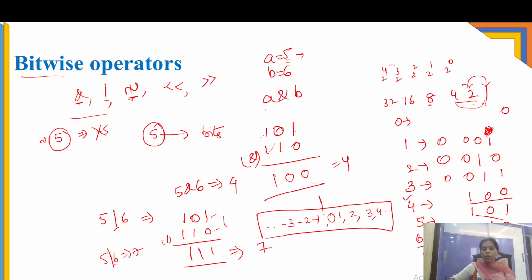For 0 the negation is minus 1. For 1 the negation is minus 2. For 2 the negation is minus 3. So for n the negation is minus of n plus 1. So the negation of 5 is minus 6. One number is added because in the positive values 0 is there, right? That's why. And left shift and right shift are very, very important.